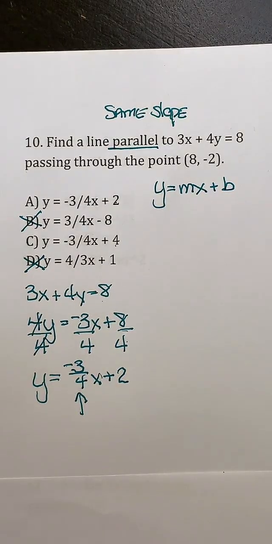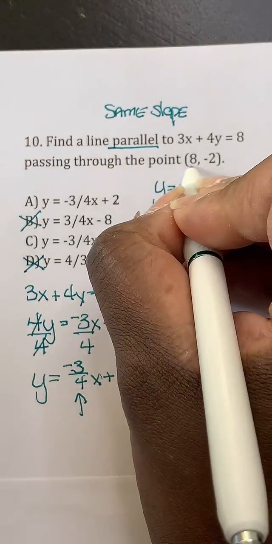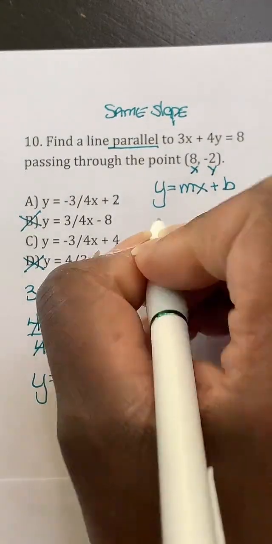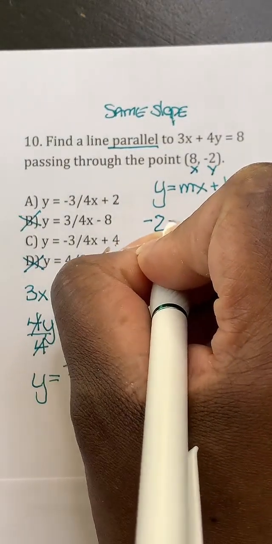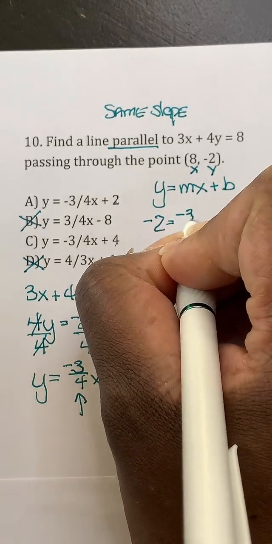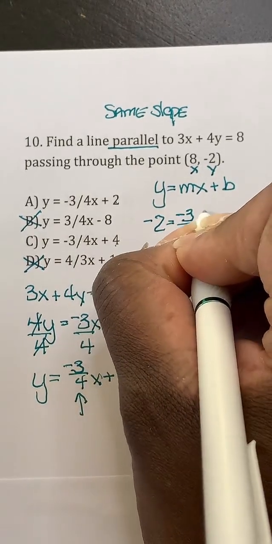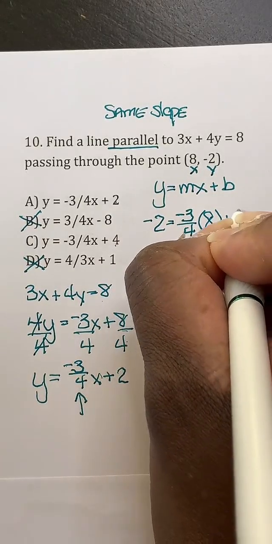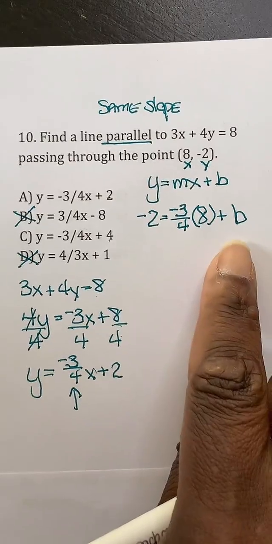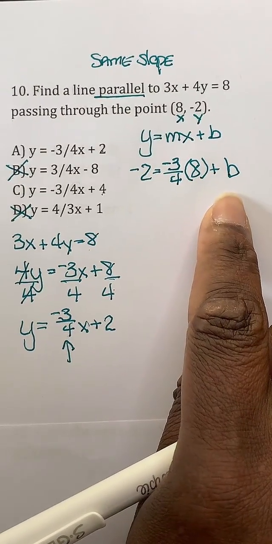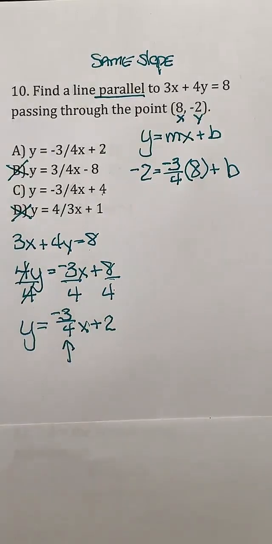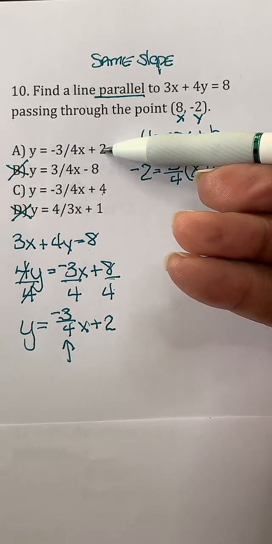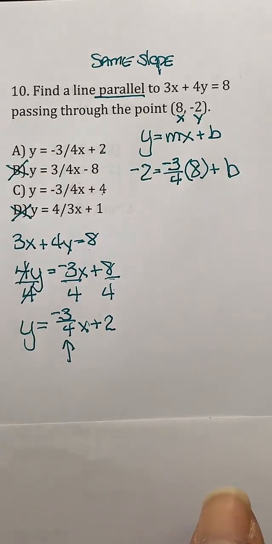So we plug in the information they gave us: my y is -2, my slope is -3/4, and the x from the point is 8. The reason we're doing this is so we can find our b. We have the slope, we need to figure out what the y-intercept is going to be. Is it going to be 2 or is it going to be 4?